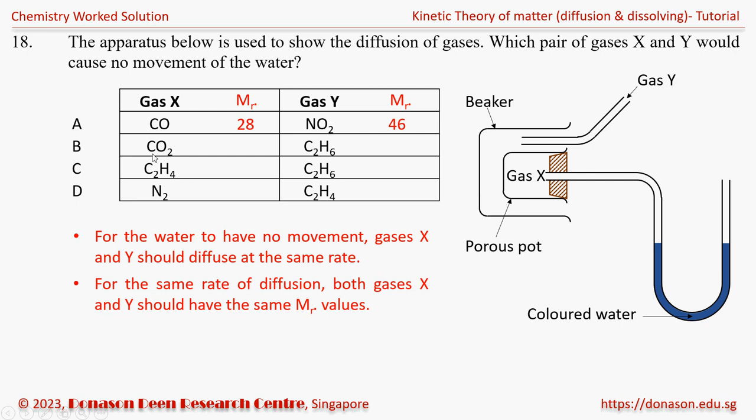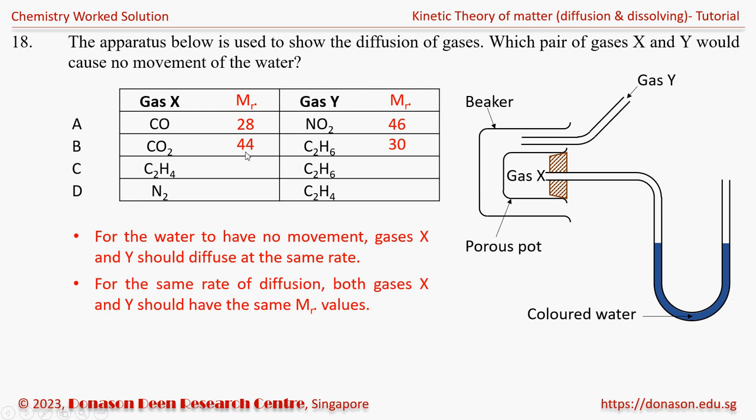Carbon dioxide, carbon is 12 and there are 2 oxygen, twice 16 will be 32. 32 plus 12 is going to give us 44. So the MR value for carbon dioxide is 44. And C2H6, 2 carbon, that means 2 times 12 plus 6 times 1, because each hydrogen is 1. So 2 times 12 is 24, 24 plus 6 is going to add up to 30.